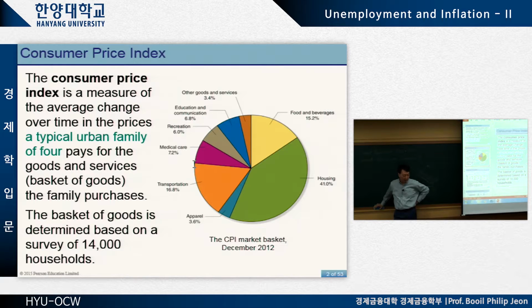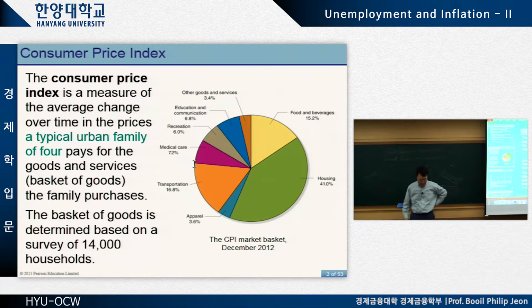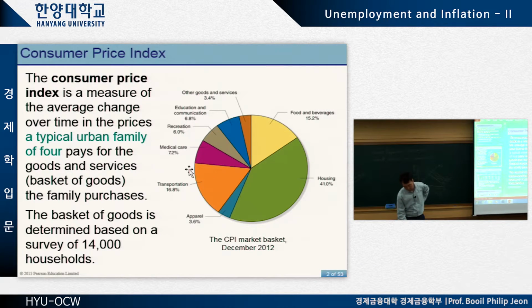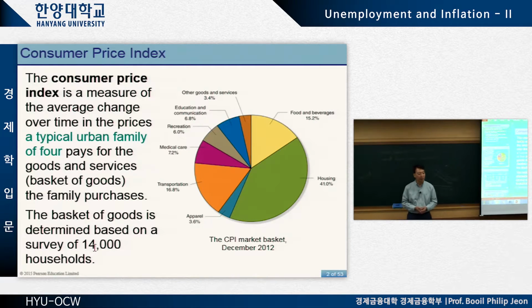And they survey 14,000 families, something like 14,000 households, and ask them what do you purchase, and how many units, say in a month. Just what kind of things do you purchase and in how many units.